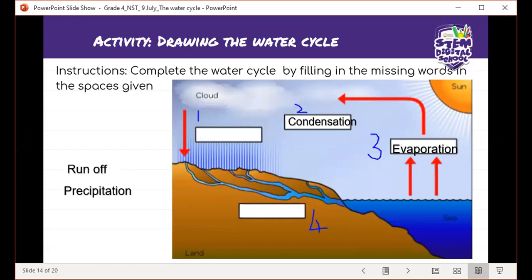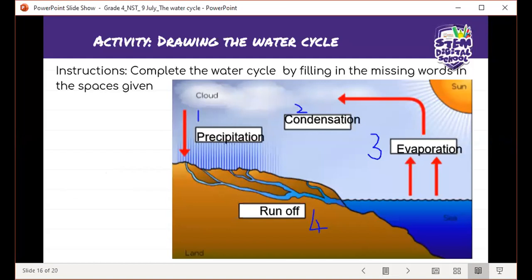Honestly, it's fine. Wow. Okay, so let us see if runoff is number 4. And that is correct, guys. You can give yourself a round of applause. And then precipitation is obvious. Okay, so precipitation would be number 1.